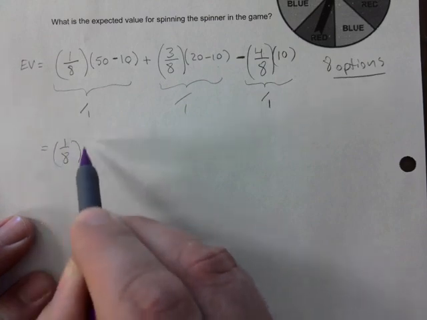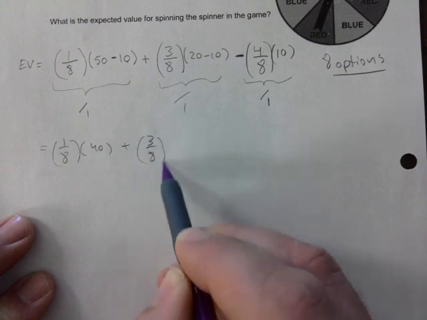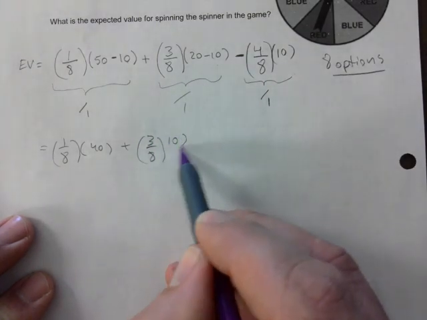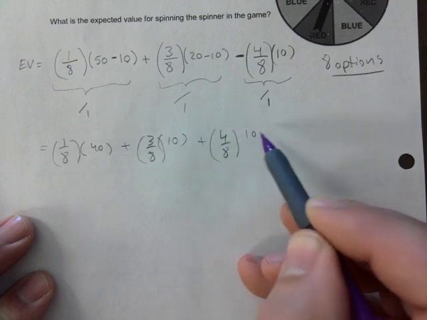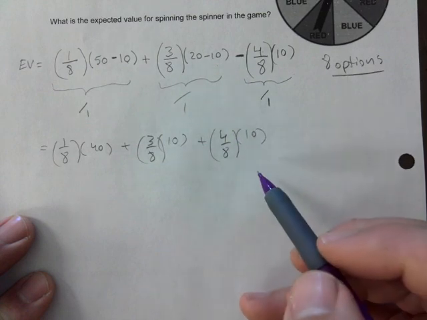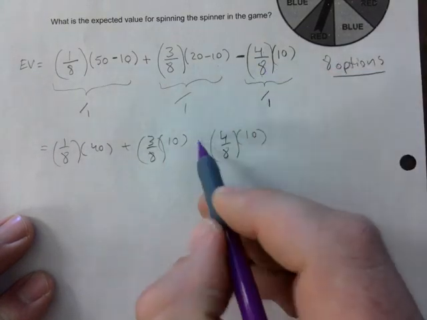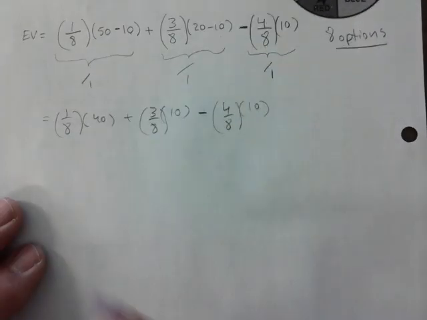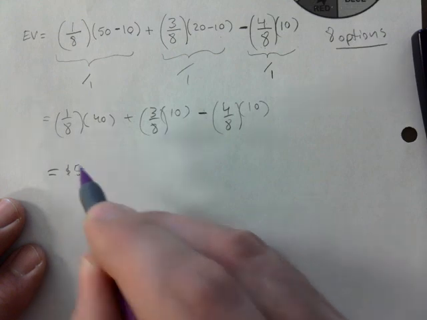1 over 8 times 50 plus 3 over 8 times 10 minus 4 over 8, which is half, times 10. Oh, sorry, yeah. You're right. Because this is where you lose, right? Minus, yes. Good catch. So what are we at? 40 divided by 8, that's 5, right? $5.